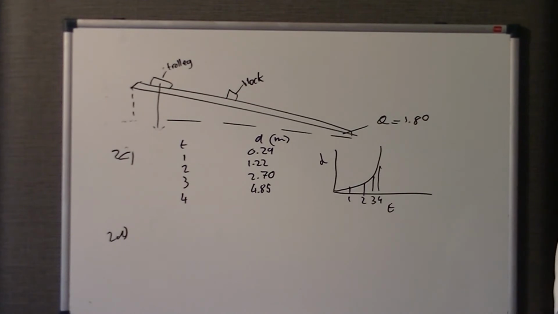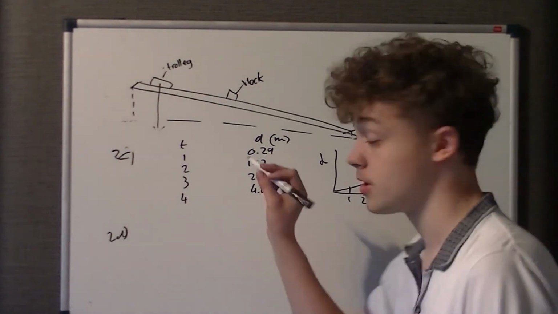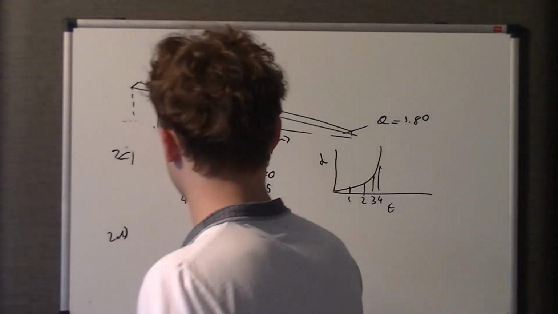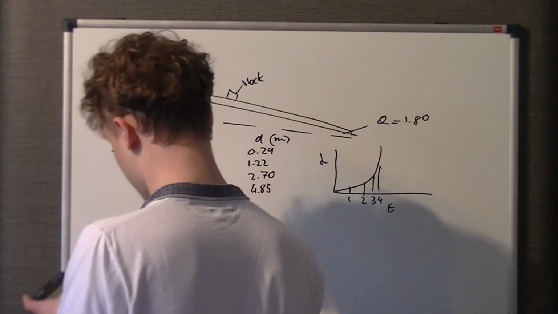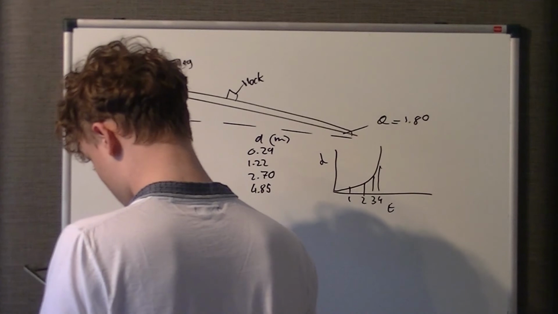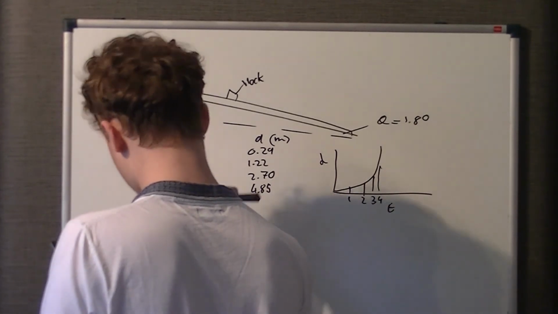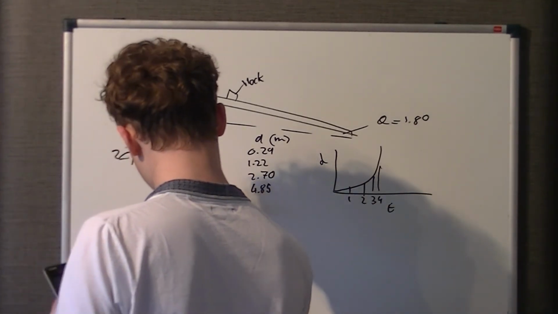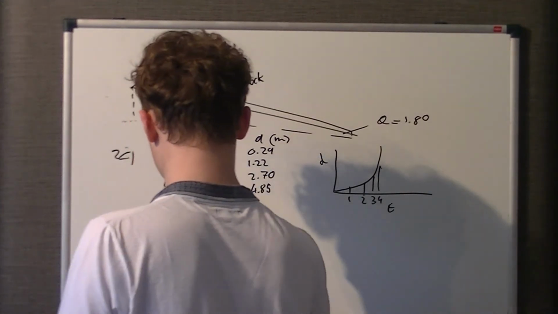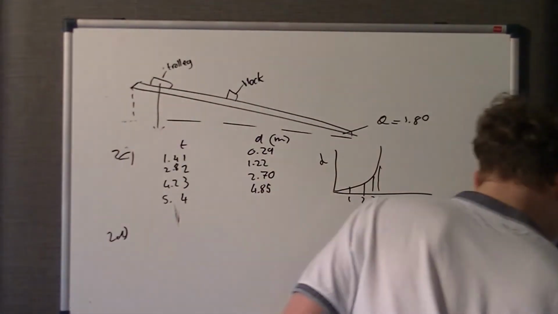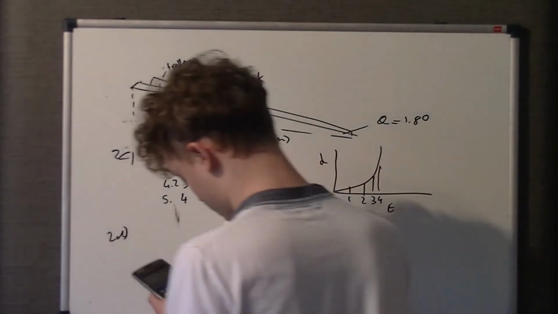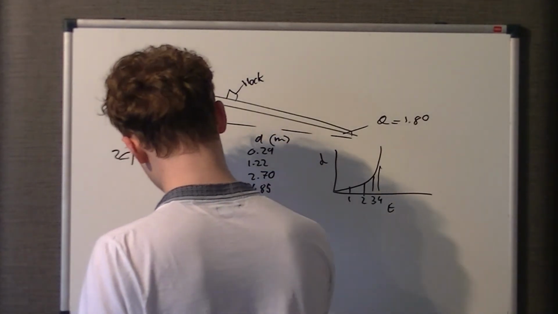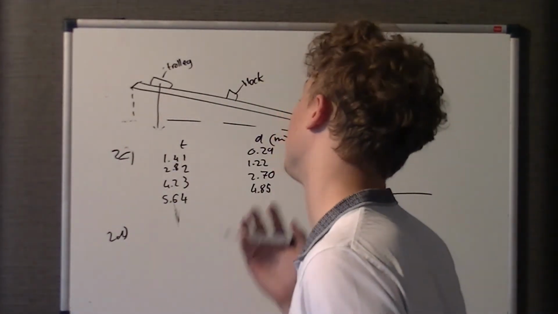It says each pendulum swing was completed in 1.4 seconds. So without even reading the question, we could put 1.4, 2.8, plus 1.4, 4.2, 5.6. Sorry, I don't know why I can't add 1.4, but never mind.